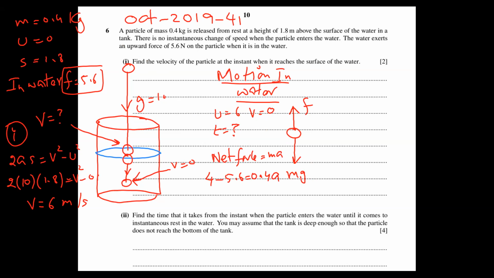So 4 minus 5.6 divided by 0.4 gives negative 4, a deceleration of 4. Now with acceleration and velocities, I can find the time. v equals u plus at, where v is 0, u is 6, acceleration is negative 4. So t is 6 divided by 4, which is 1.5 seconds.